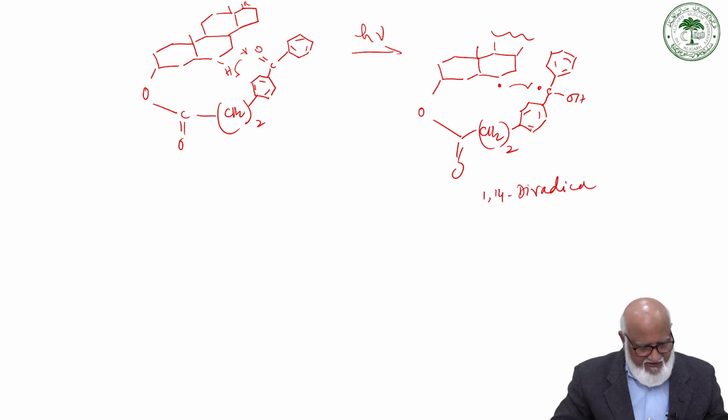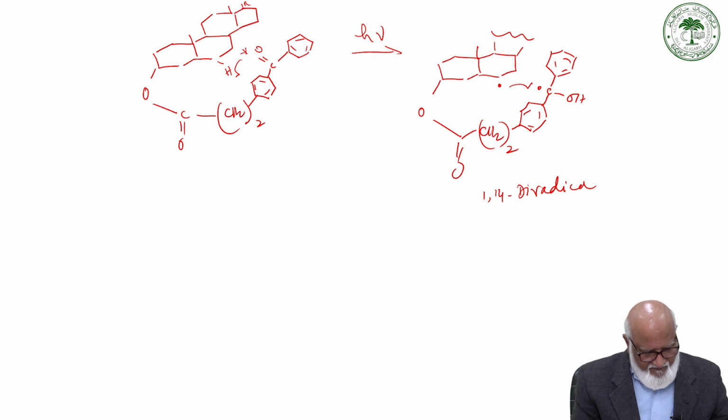And then this will combine to give a cyclic product, a 14 membered ring.